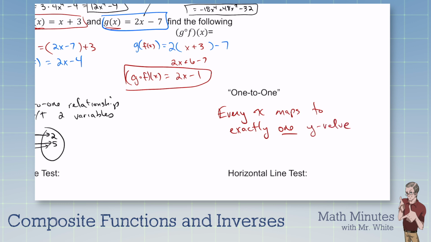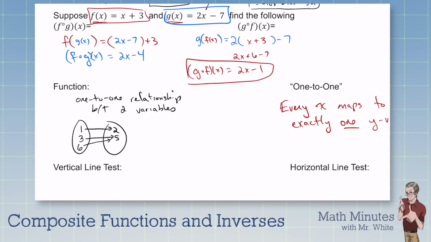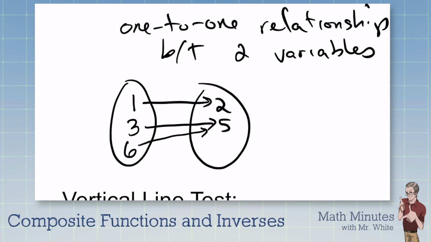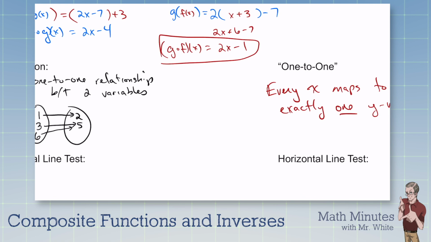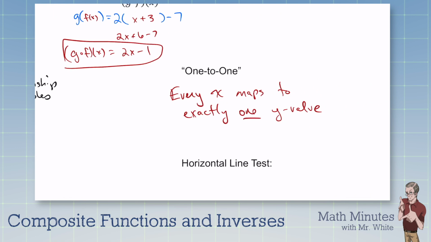Every input maps to only 1 output. You see over here, every input, 3 maps to 5. That's one-to-one. 6 always maps to 5. That's one-to-one. So this is a mapping diagram for a function. So every function is one-to-one.